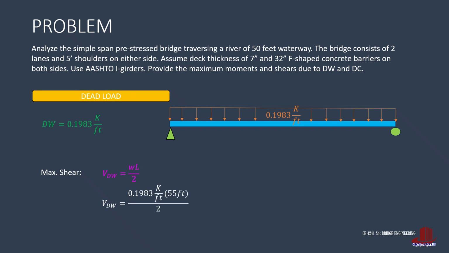Placing the values, the shear is computed as 0.1983 times 55 all over 2, which gives 5.45325 kips. For the maximum moment, the function is WL squared upon 8 for simple spans. The moment due to DW is then 0.1983 times the square of 55 upon 8, which results to 74.9822 kip foot.